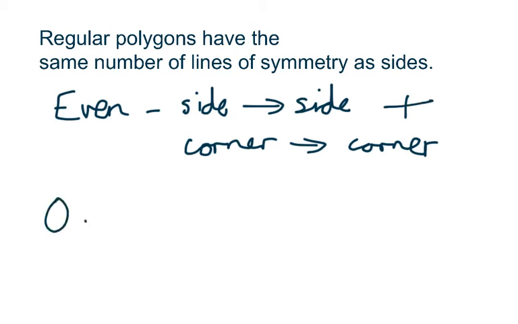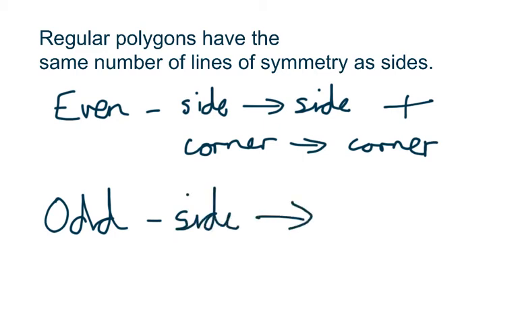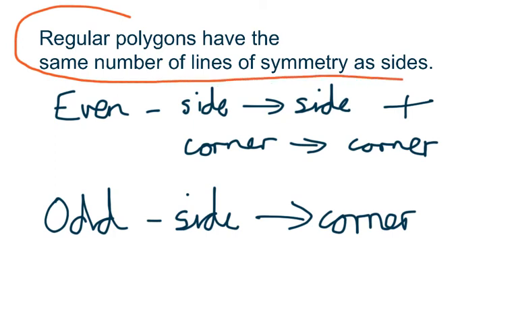If it's an odd number of sides, you go from side to corner. Don't miss any out. So what I want you to investigate is whether this statement is true. Okay? I would leave this page up while you have a go at that and see whether you think you've got it correct. Okay? Is that statement true?